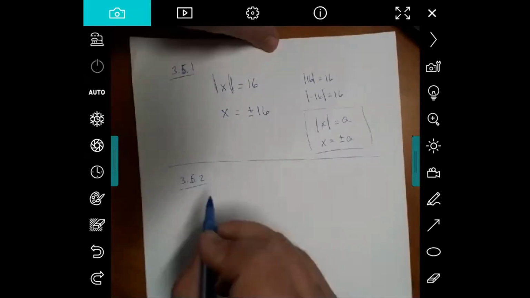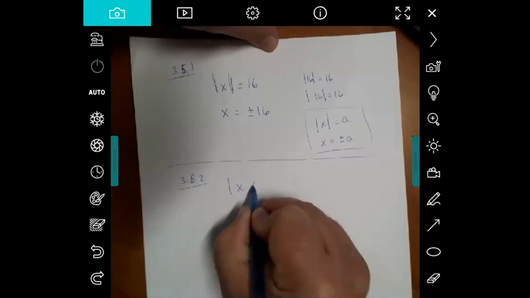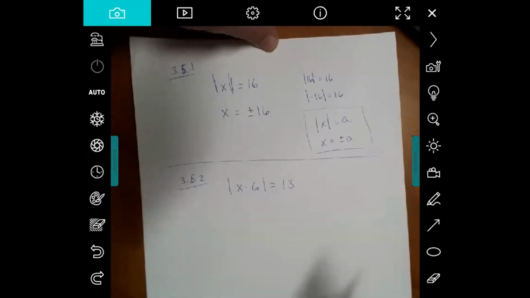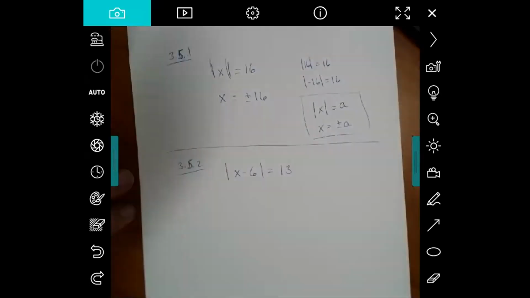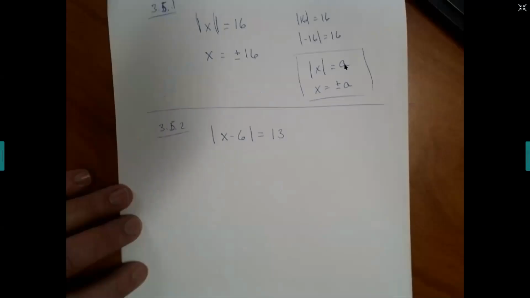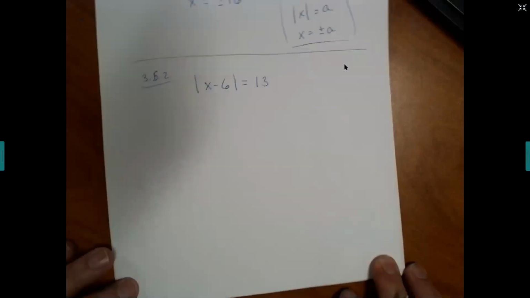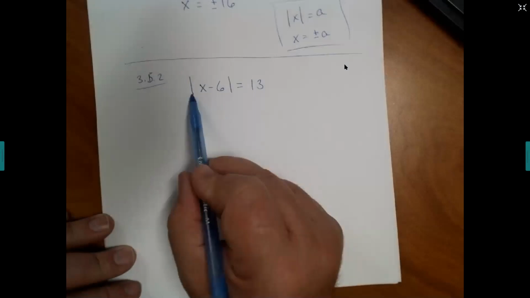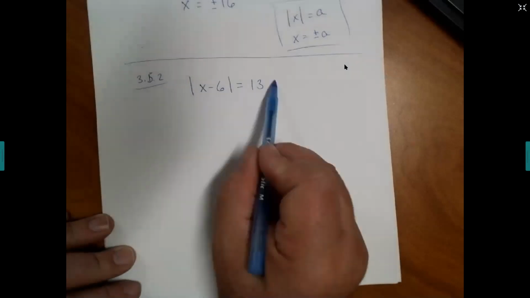All right, absolute value of x minus 6 is equal to 13. The procedure, whenever you have absolute value signs, you have to isolate the absolute value first, set equal to some number.